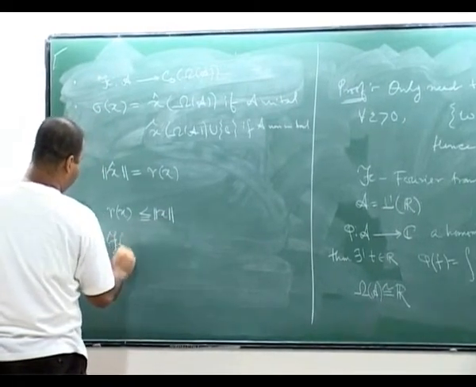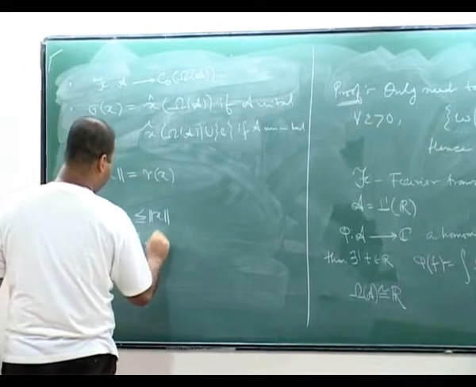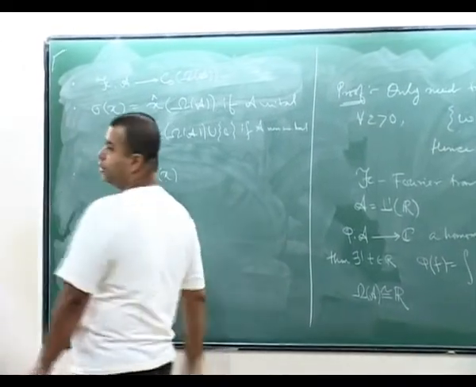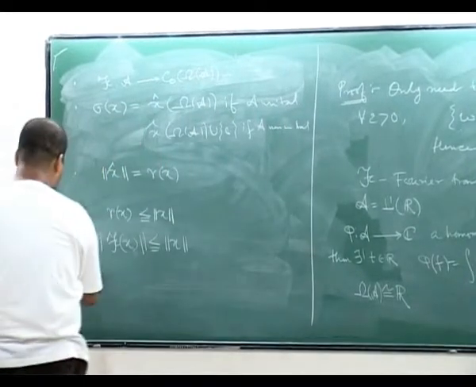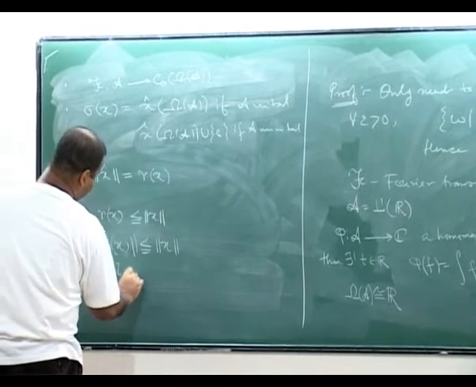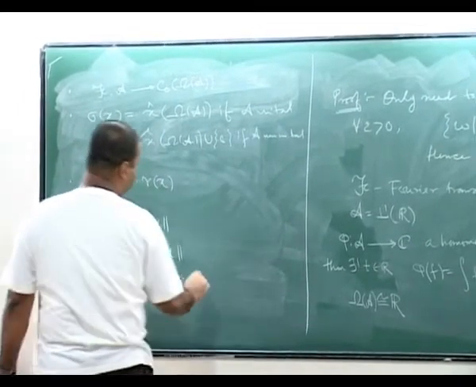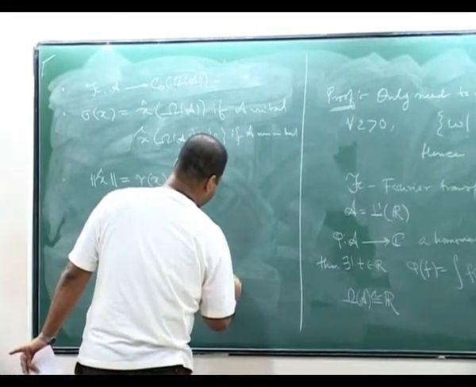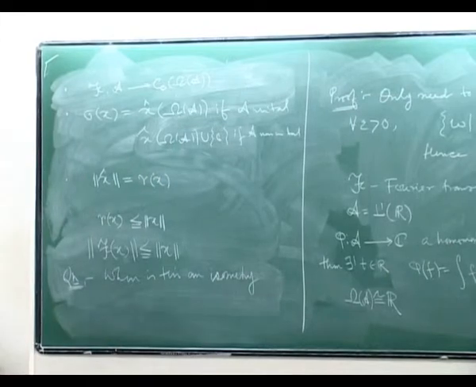So this map is contractive, and therefore the natural question is when is this an isometry?